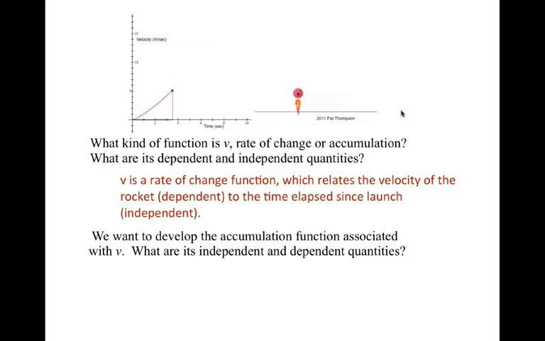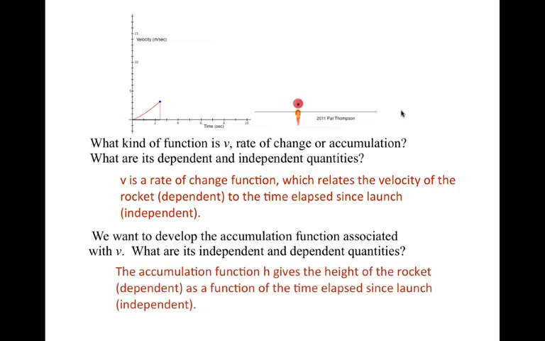You could say net accumulation of height, but if it starts at height 0, then the net accumulation and the total accumulation of height would be the same. But maybe the net accumulation of height is the change in height from 0, and it's launched from a platform that's not on the ground, so the total accumulation will also include the height of the platform. So we want the height of the rocket as a function of time elapsed. That's our accumulation function, accumulation of height.